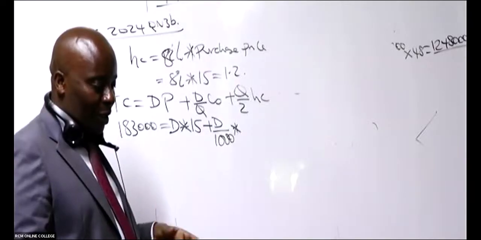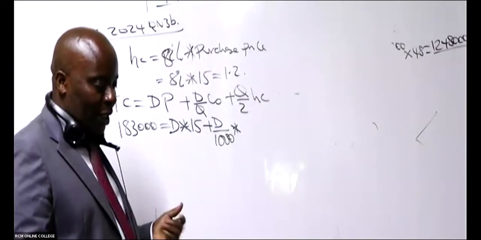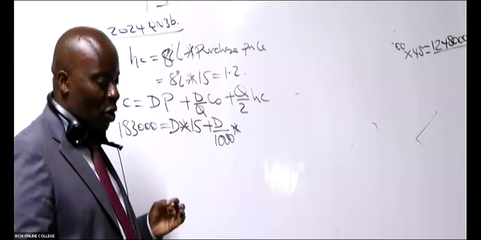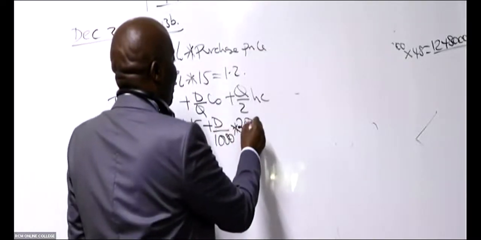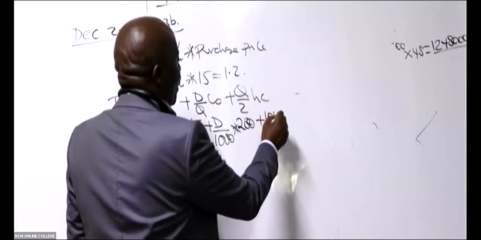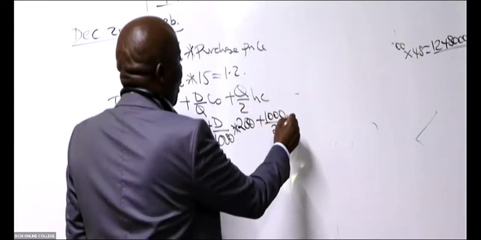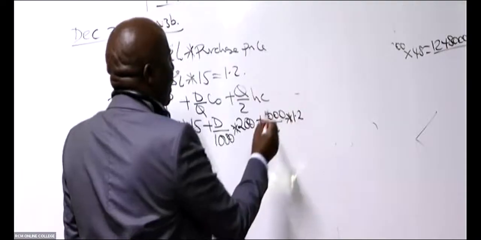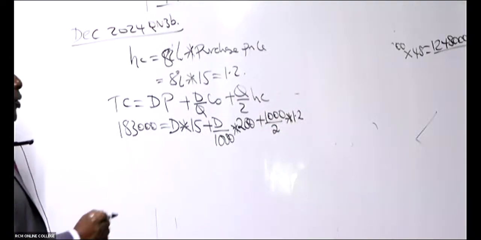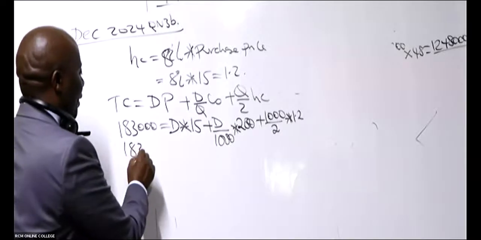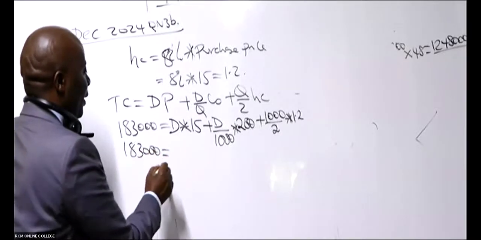Every time we are ordering, how much do we incur? It's given there. It's called the fixed cost per order, which is 200. Plus the Q, which is 1,000, over 2 times the holding cost that you guys gave me a figure of, what here? 1.2.